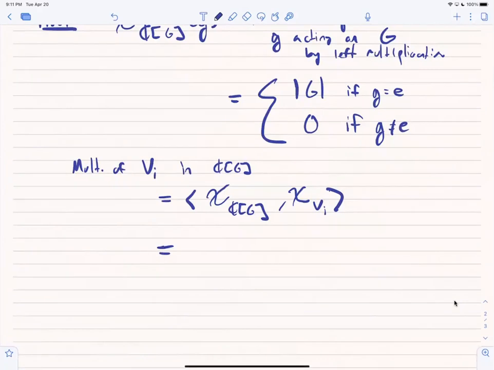But we do know what it does at the identity element, and that's going to be enough.